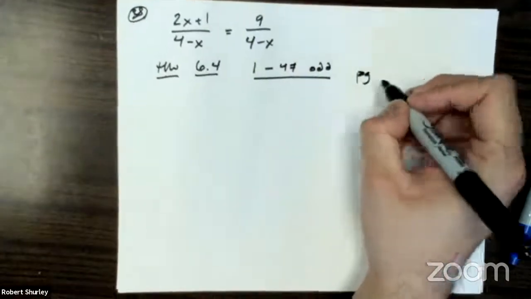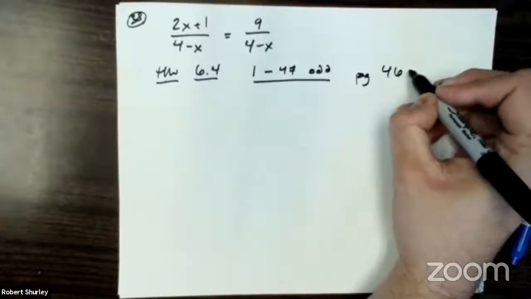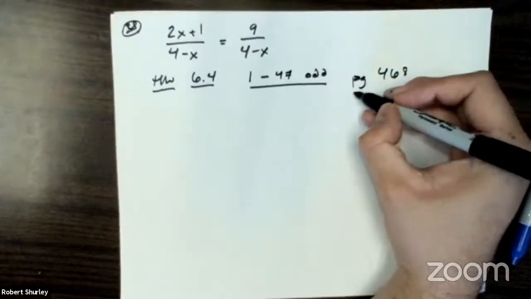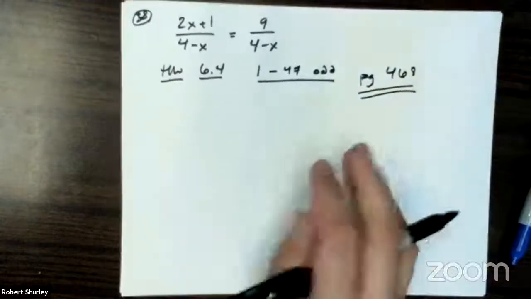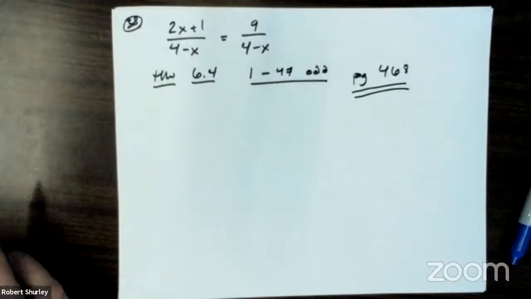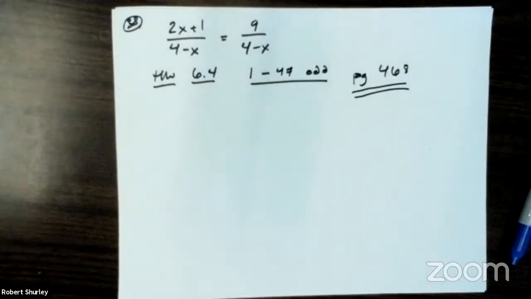This is on page 468. Okay, on page 468. So homework section 6.4, 1 through 47 odd, on page 468.